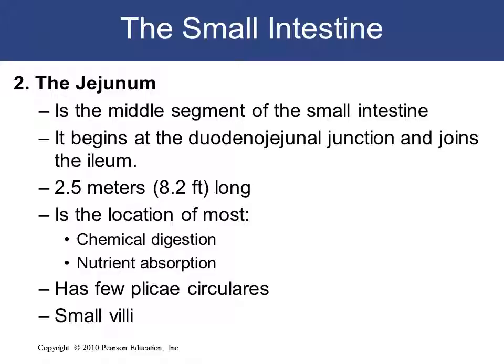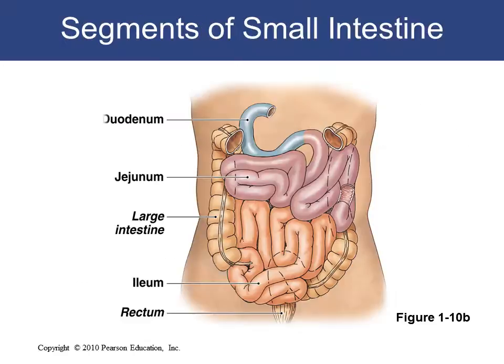It has a few plicae circulares and small villi. So this is the diagram showing the jejunum, which is about 2.5 meters in length, and it begins at the duodenojejunal junction and ends at the junction of the jejunum with the ileum. That is for the jejunum.